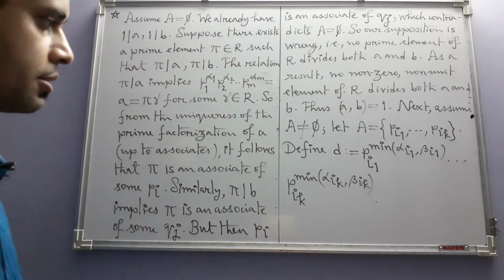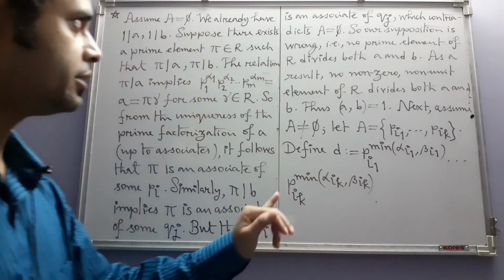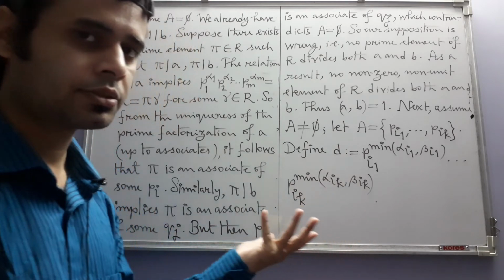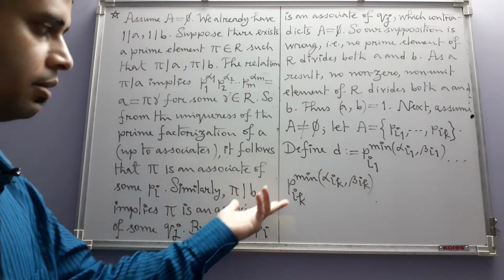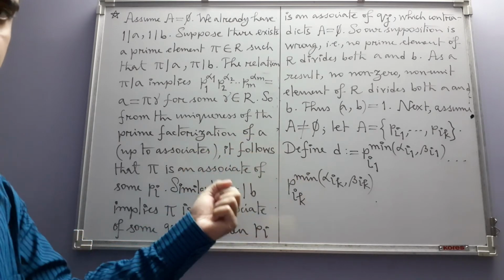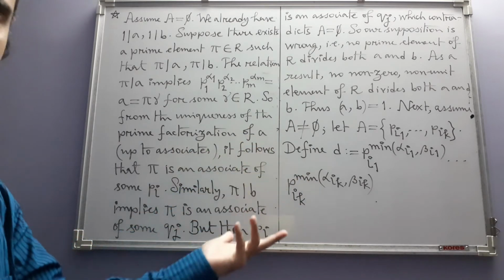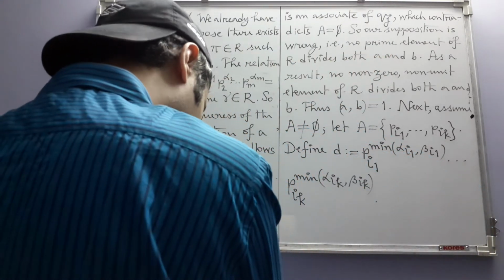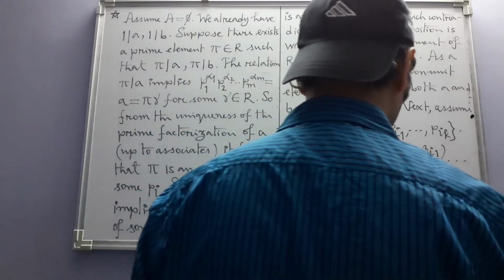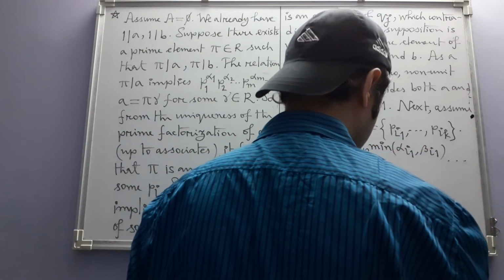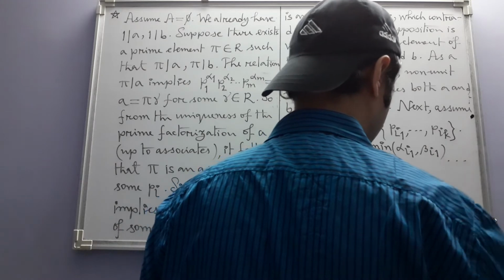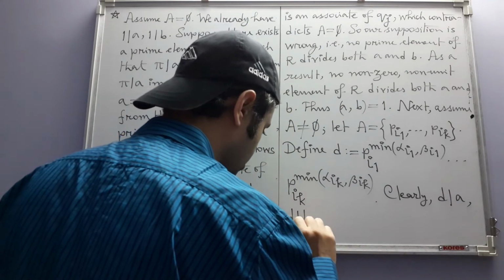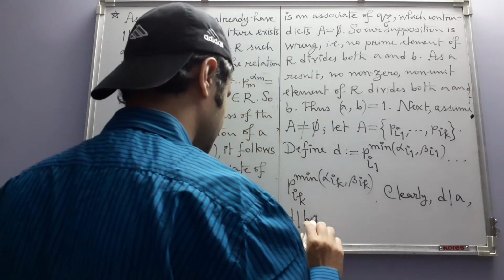It makes sense because these are originally positive integers, and hence their minimum exists, which is also going to be some positive integer. So the powers are well defined, so their product is a well defined element in R. Okay, so D is an element in R. Clearly, D divides both A and B. This follows directly from the definition of D itself.